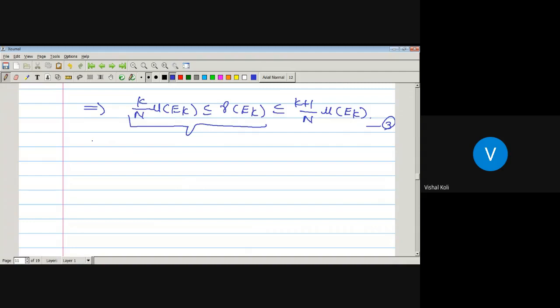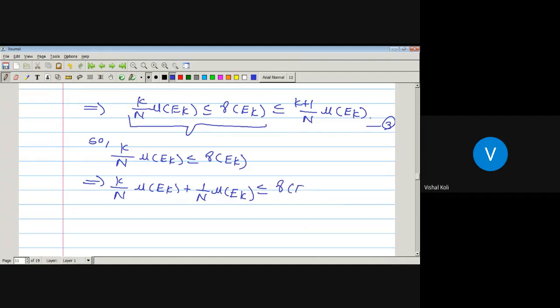Then this part. As k/n measure of E_k is less than or equal to gamma of E_k, which implies k/n measure of E_k plus 1/n measure of E_k is less than or equal to gamma of E_k plus 1/n measure of E_k.